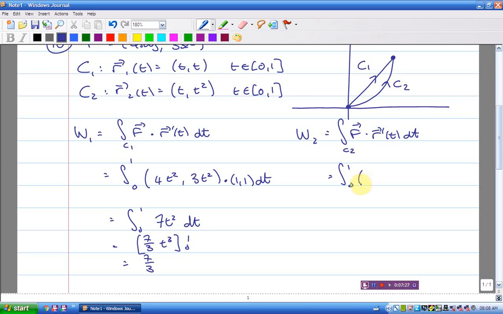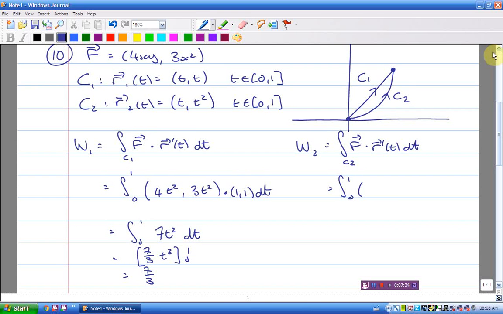F will be, okay, so this time I'm plugging t where there's x and t squared where there's y. So F is 4xy, so it's 4 times t squared, so it's 4t cubed. And 3x squared will be 3t squared. And I'm going to dot that with r dash, which is 1, 2t dt. Okay, so it is slightly different.